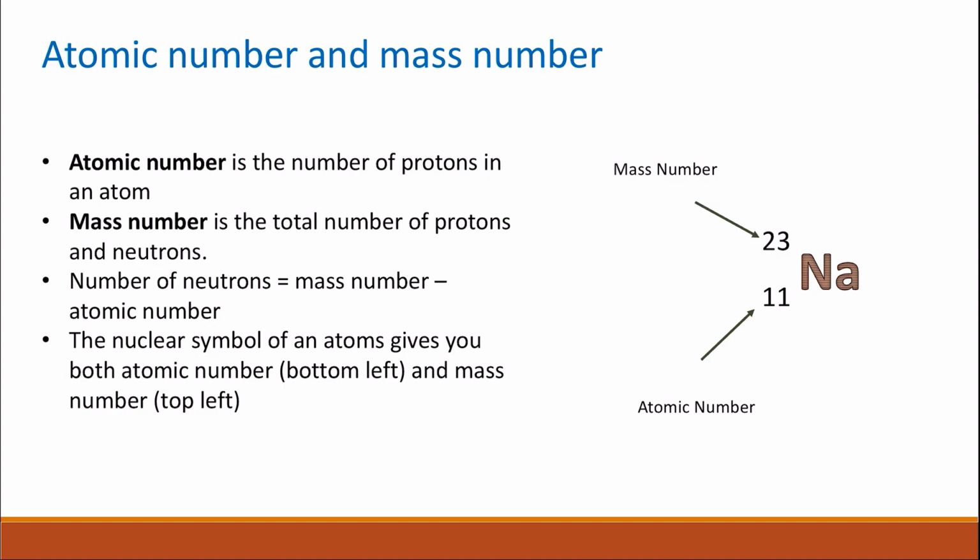The mass number can be found at the top left of the symbol, which means that sodium contains a total of 23 protons and neutrons. So we can find the number of neutrons if we subtract 23 minus 11, which means 12 neutrons overall in sodium.